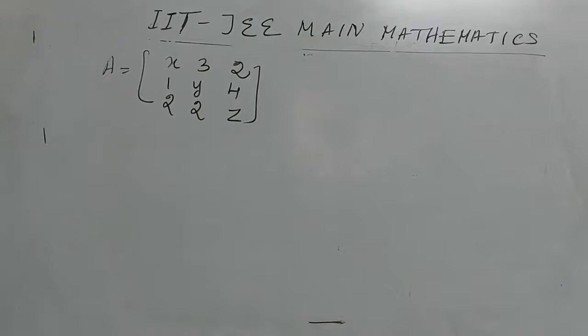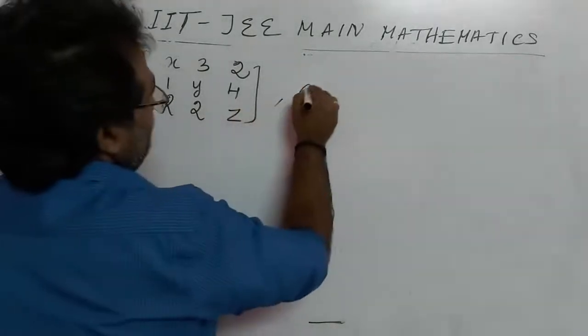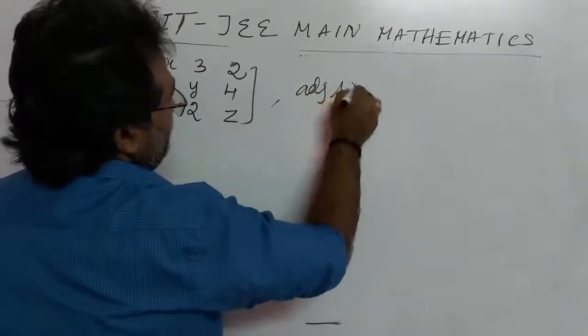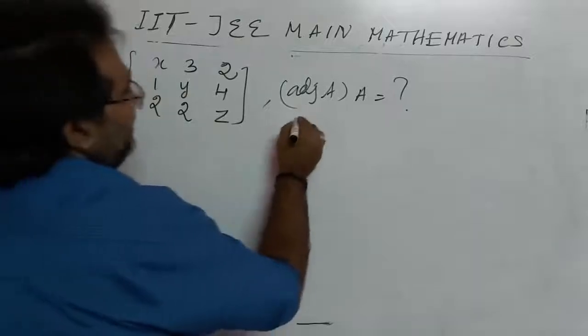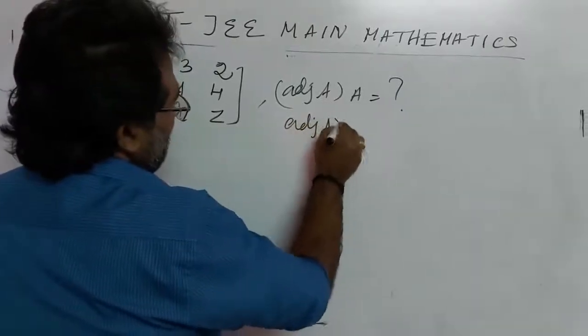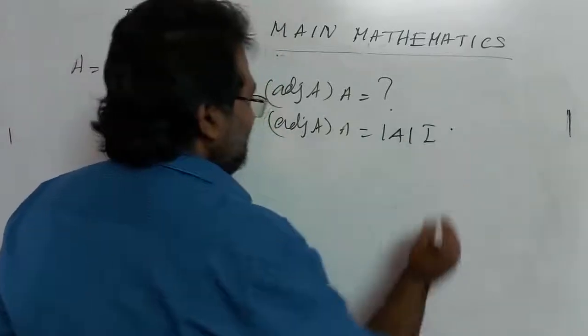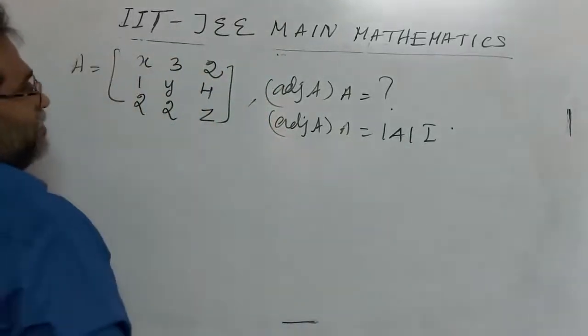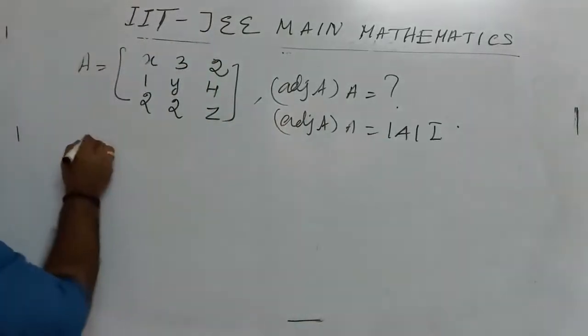We want to find the adjoint of A into A, but we know that adjoint of A into A equal to determinant into I. So first of all we have to find the determinant value.